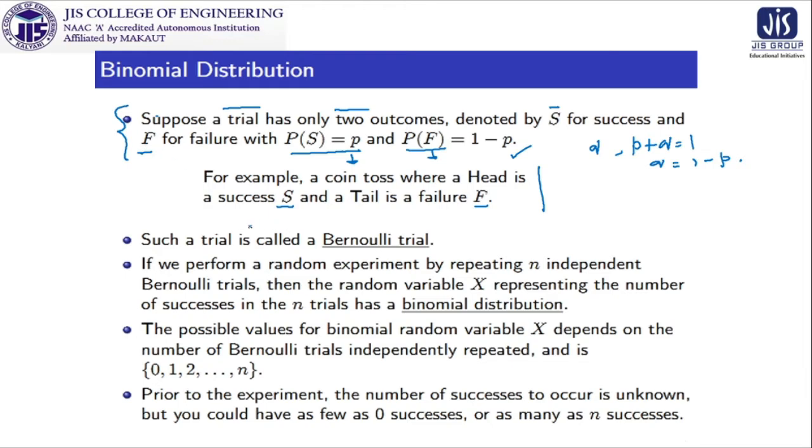These types of trials are called Bernoulli trials. Now if we perform a random experiment by repeating n independent Bernoulli trials, it means the experiment always gives two outcomes, but we are doing this experiment n times.